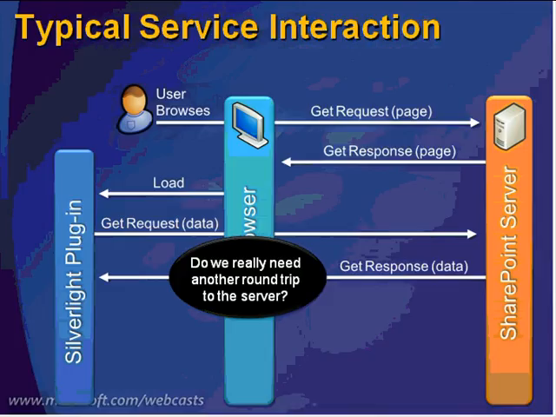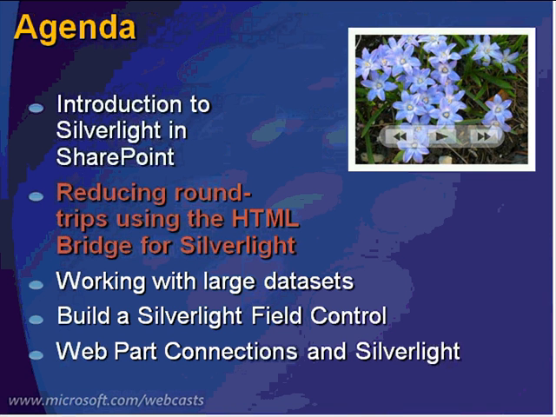So if this was on a high volume server, on the home page of a .com site or a large intranet site, by putting that web part on there, I would have increased my server traffic significantly. And so my question is, do we really need that extra server round trip? This brings us to the next agenda topic, which is how can we reduce round trips using the HTML bridge for Silverlight?